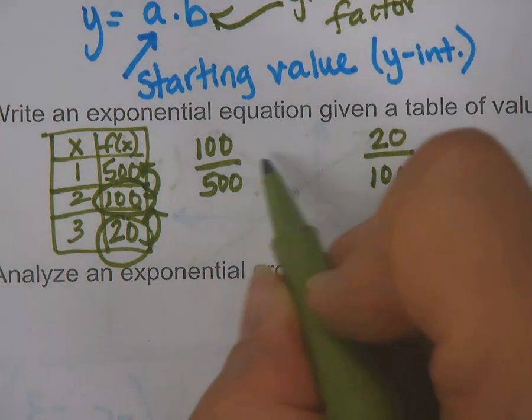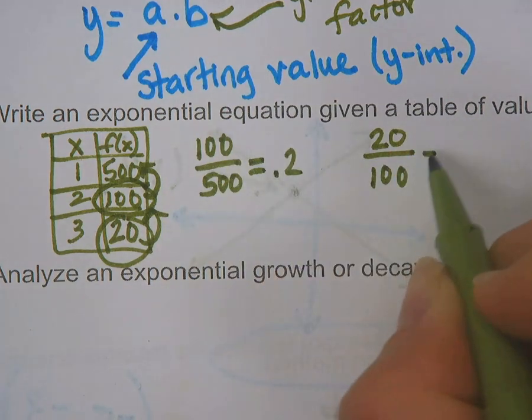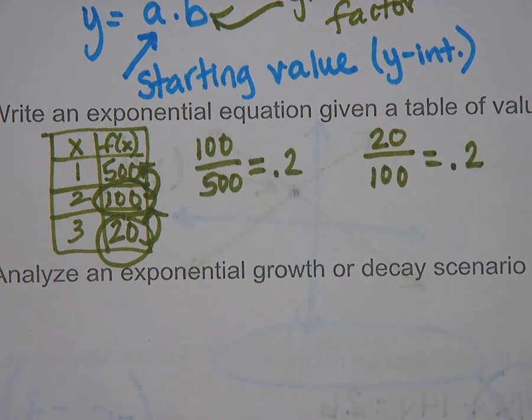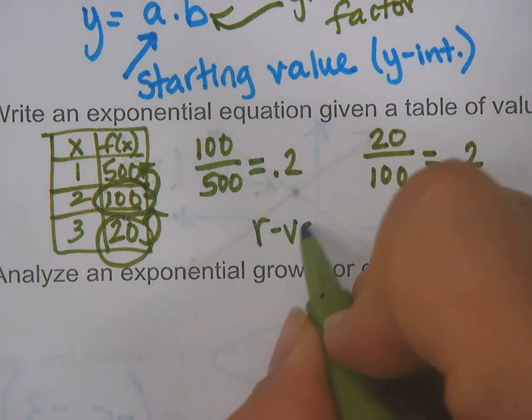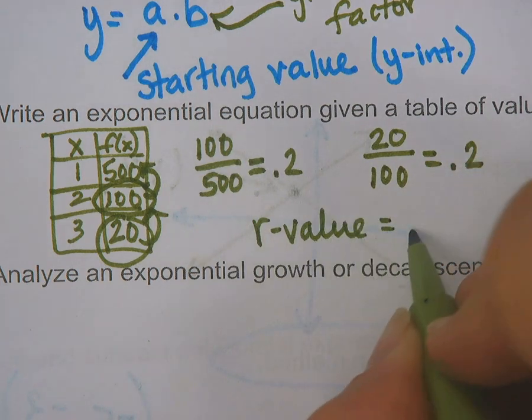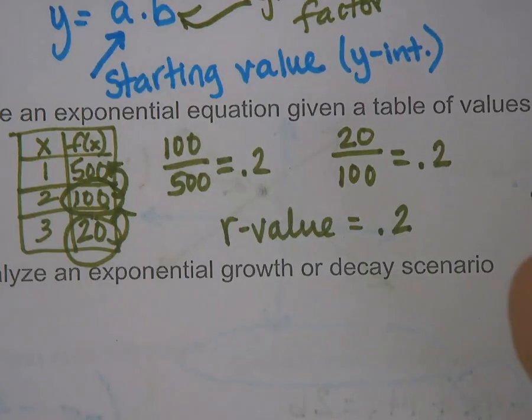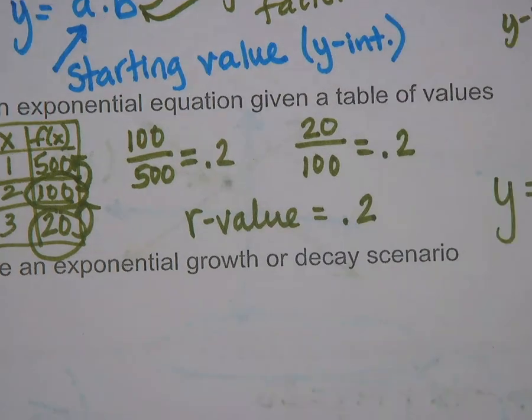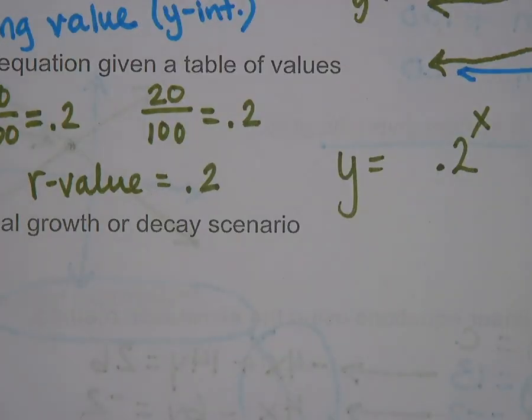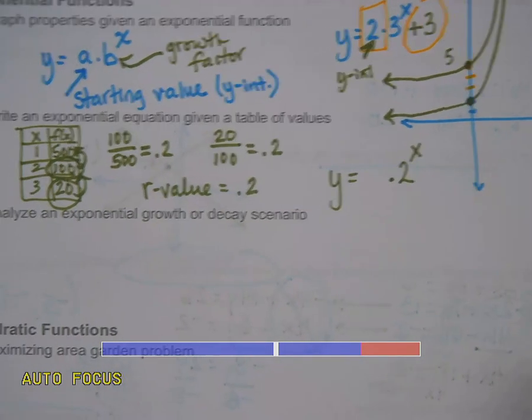When you continually do this, you will see that you get the same value, and that is your r value or your growth factor. Okay, so that means our exponential equation is going to look something like this. Y equals 0.2 to the x power.